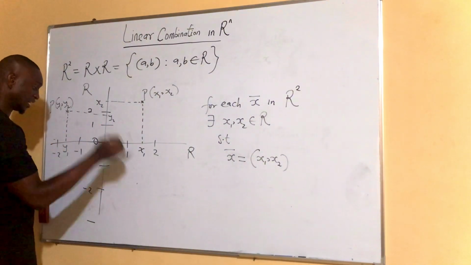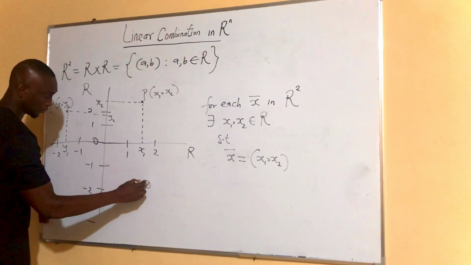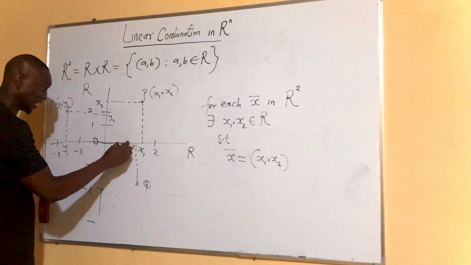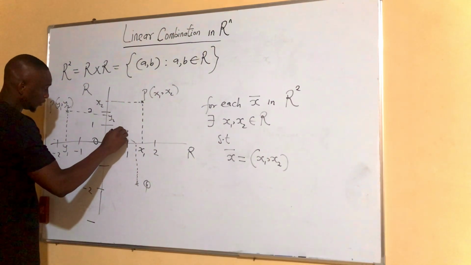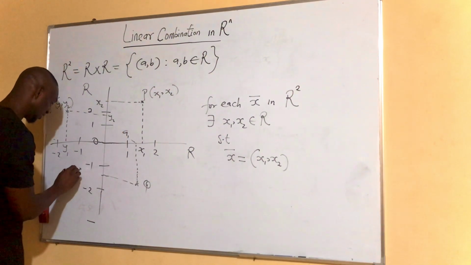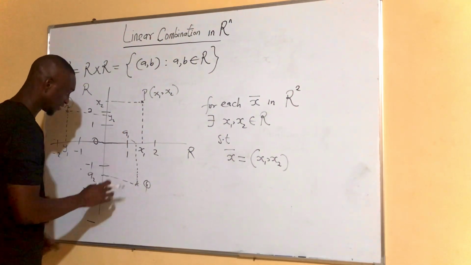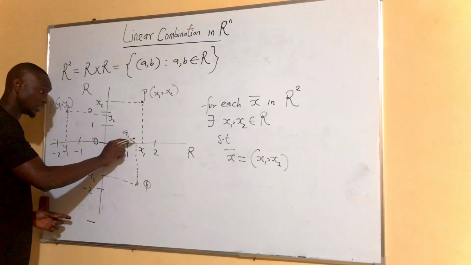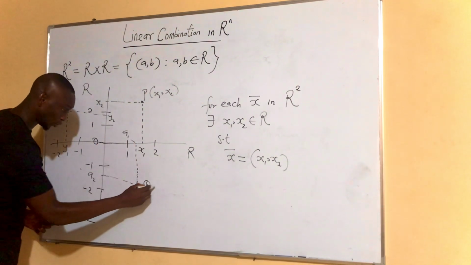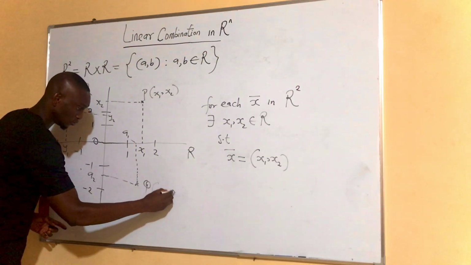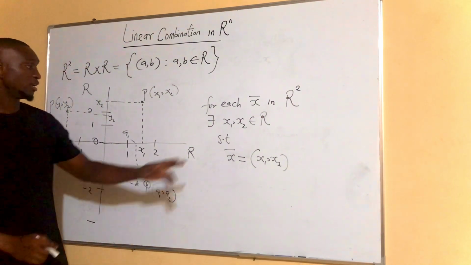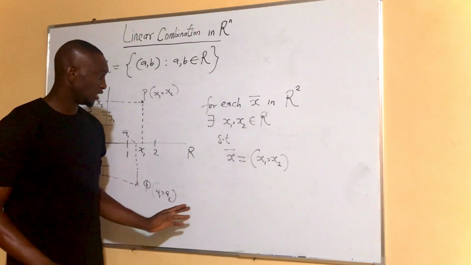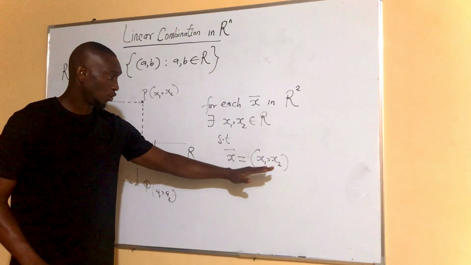And if there is a point here, let's call this point Q. You see that we can trace this point from here, and let's call this point A1, and let's call this point A2. You see this point is ascertained by 2 particular points on the real line, A1 and A2. Hence, for each x bar in R to the power of 2, there exist x1 and x2 such that x bar is equal to the ordered pair.